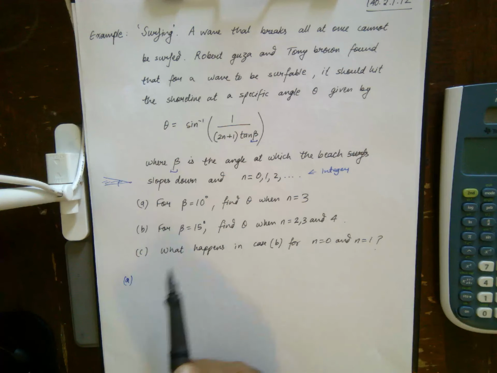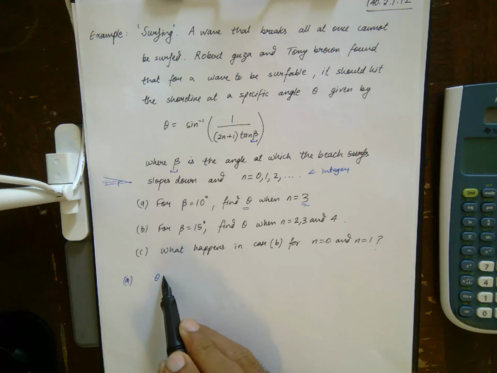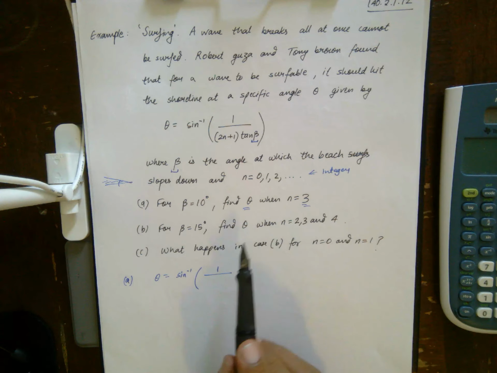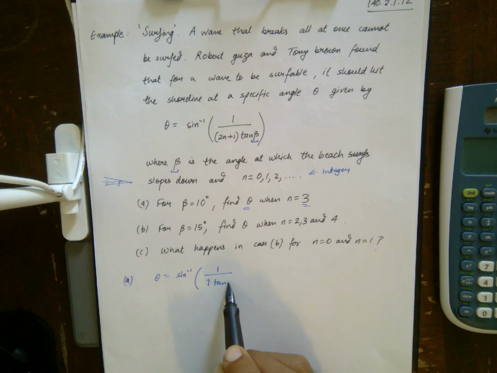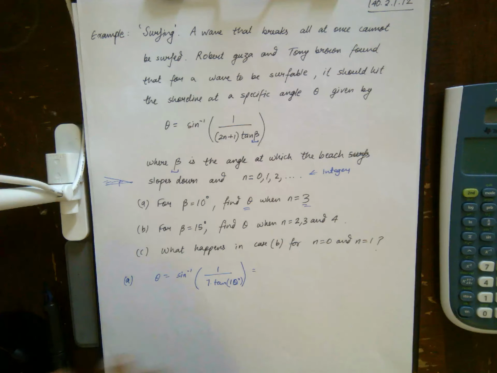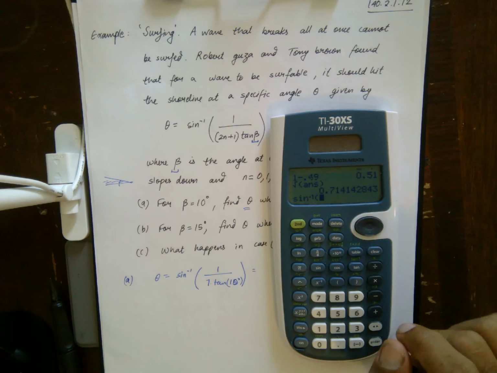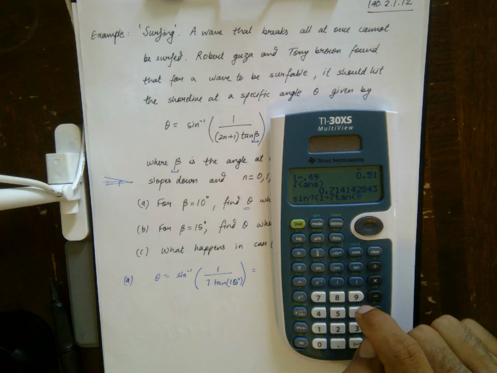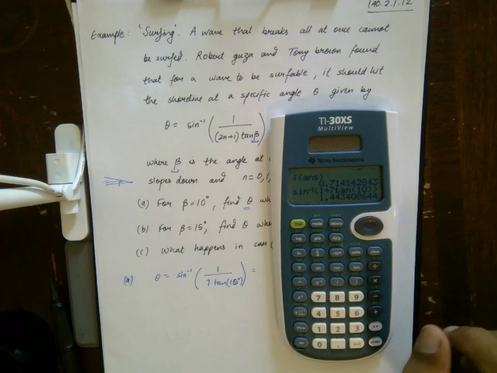It says for beta equals 10 degrees, find theta when n is 3. So all I'm going to do is plug in these numbers. 1 over, when n is 3, 2 times 3 plus 1 is 7, tan 10 degrees. Sine inverse of 1 divided by 7 tan 10 degrees gives 1.44.